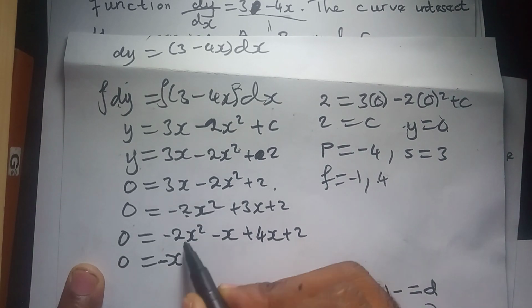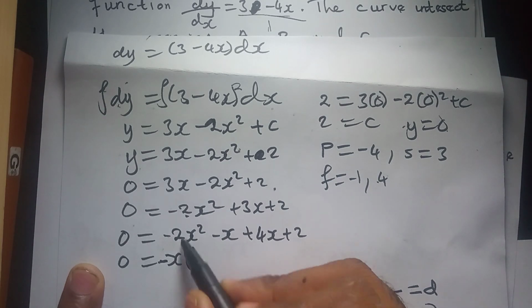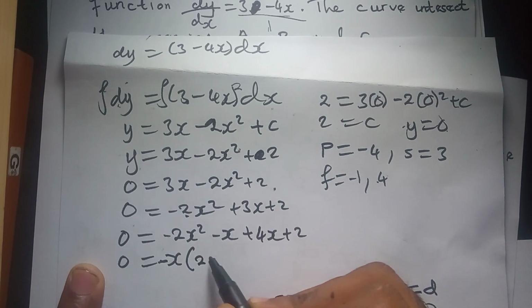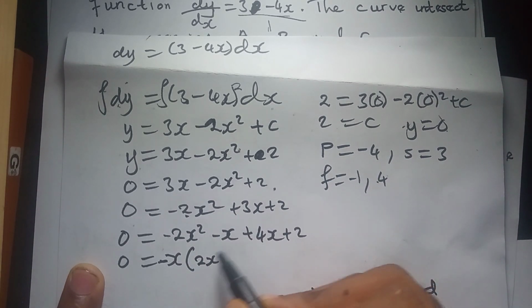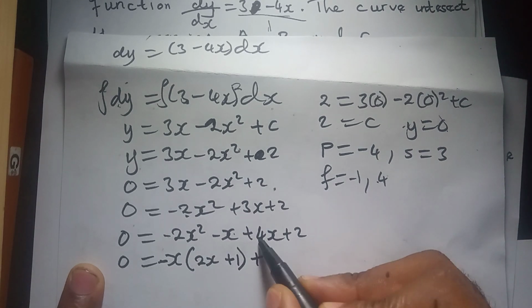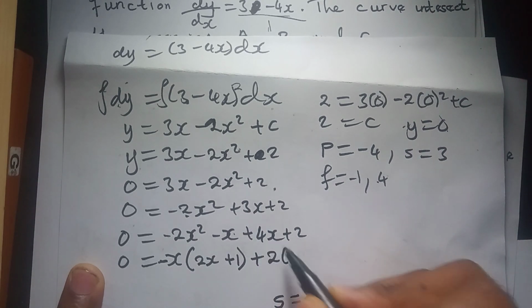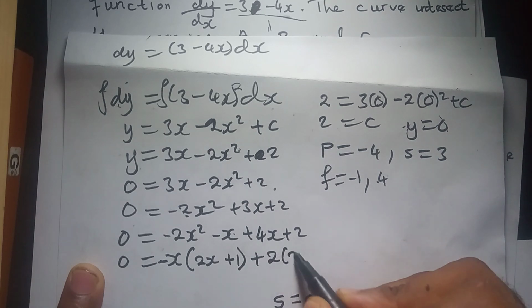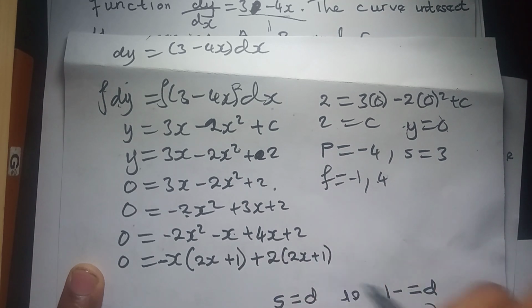So I'll factor out negative x here. Then negative x in there is 2x, and then negative x there is positive 1. Then I can factor out a 2 from here, so I'll have 2x plus 1.